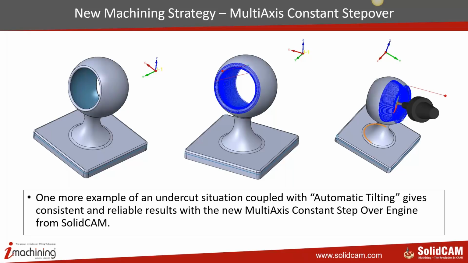It goes very close to the distance that you have specified as a clearance in our Clearance Data tab, and it machines the part without any collisions, either with the tool, arbor, or the holder. So it gives you consistent and reliable results. Multi-axis constant Stepover coupled with auto tilting gives excellent results. I'll show you the parts.